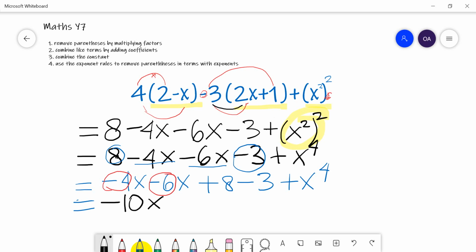Don't forget to put the x. And then combine the constants, plus 8 minus 3. The result is, yeah, you're right, plus 5. And then we can put plus x to the power of 4. So our expression is already simplified.